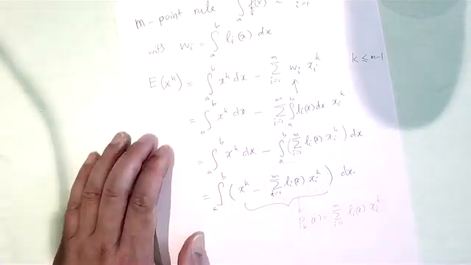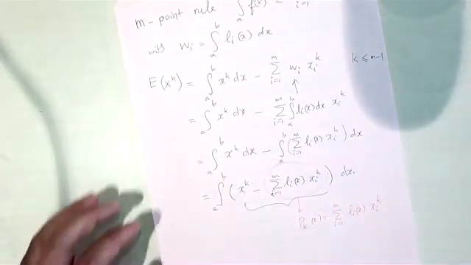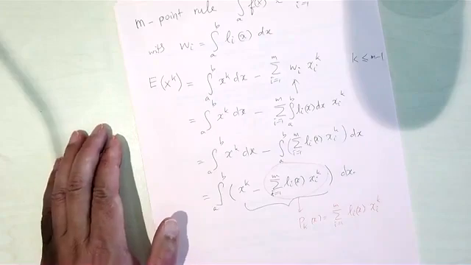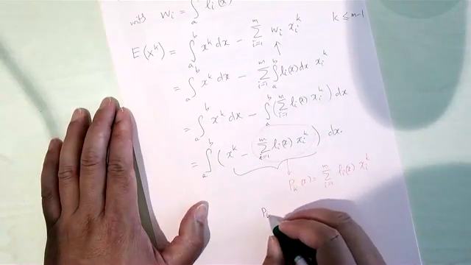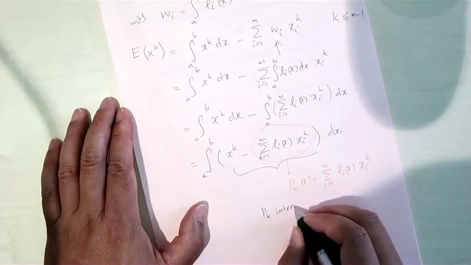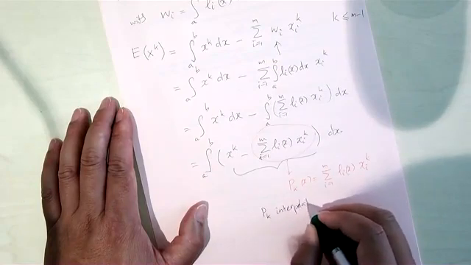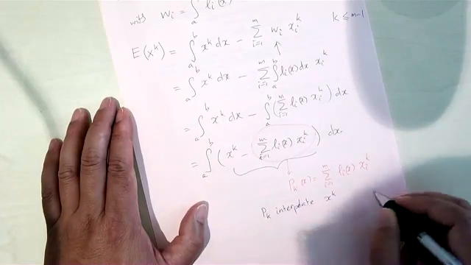Yeah? Then by definition of the Lagrange interpolation, p_k just interpolates x to the k, right?